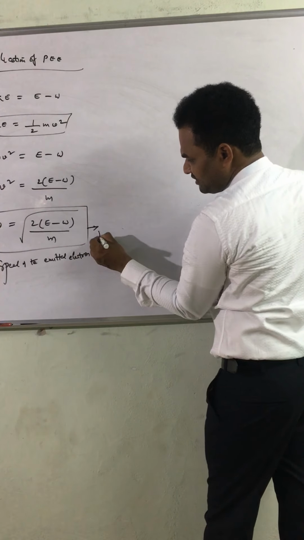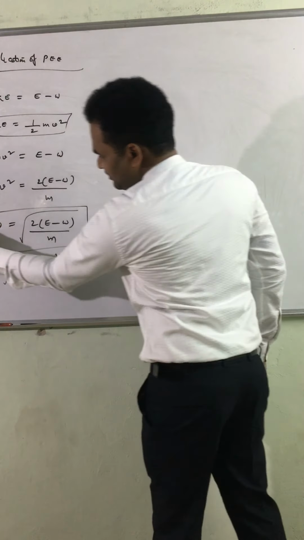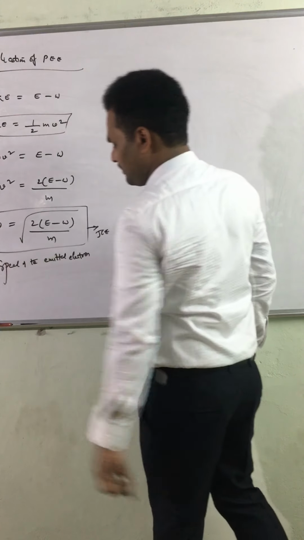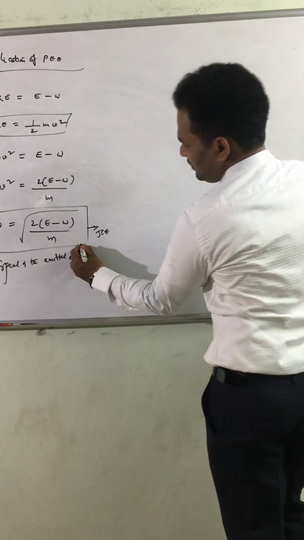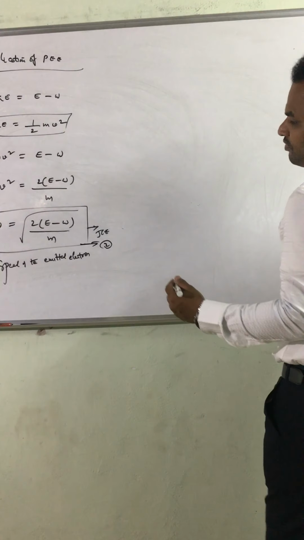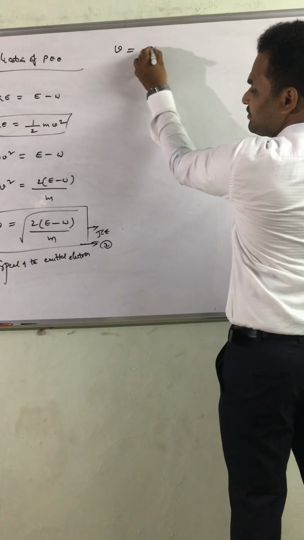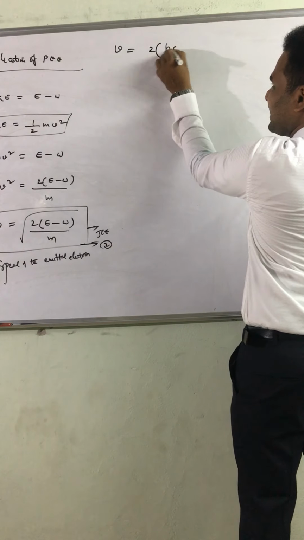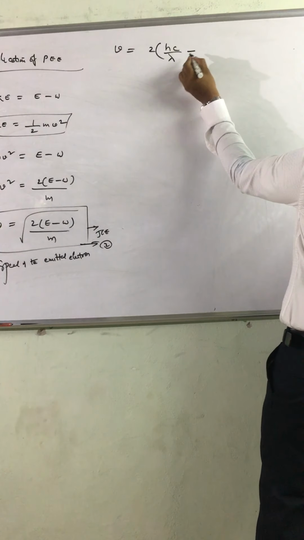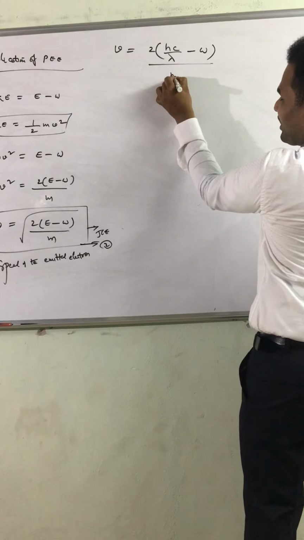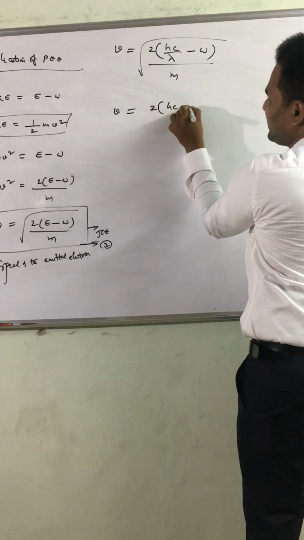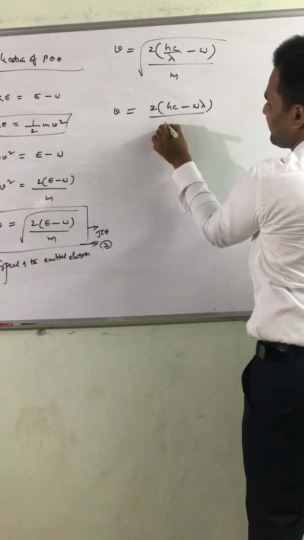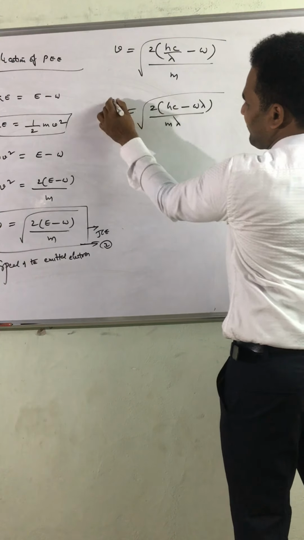This is already asked in JEE and is important, JEE Main definitely. For chemistry also we have the same formula. This is equation number 2. So V is equal to root over 2 into (hc by lambda minus W) by m, right? So V is equal to root over 2 into (hc minus W lambda) by m lambda.